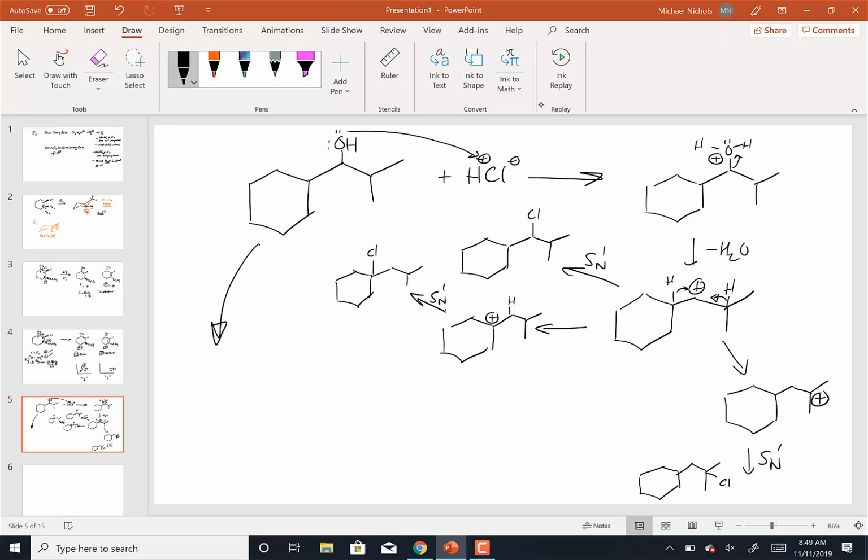The way to favor elimination is to change the proton source to not HCl, but H2SO4. Use H2SO4 and heat. And then I'm going to eliminate the SN1 reactions and only get E1 reactions.